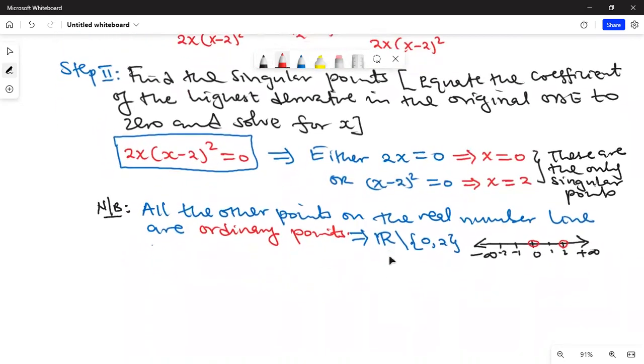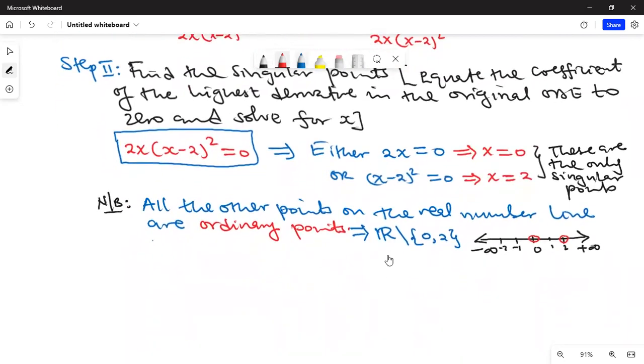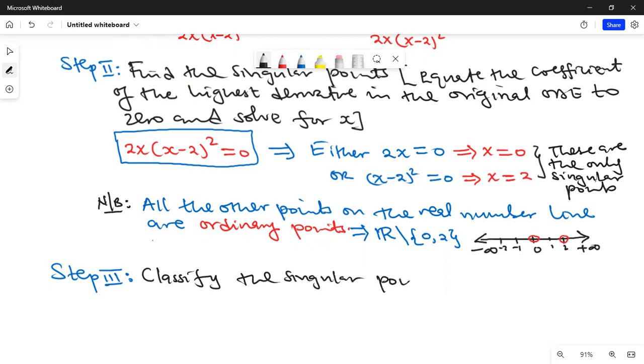Now that you have found the singular points, let's now see how to classify the points. So you write step 3. Step 3 is classify the singular points.